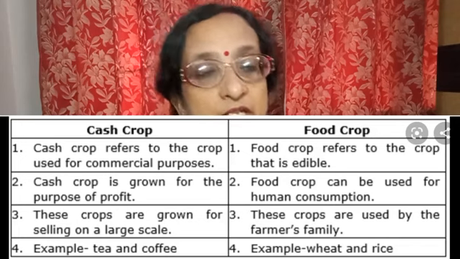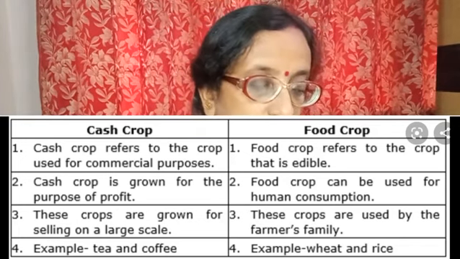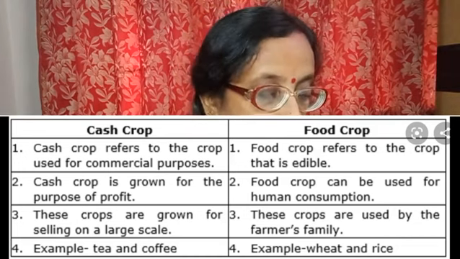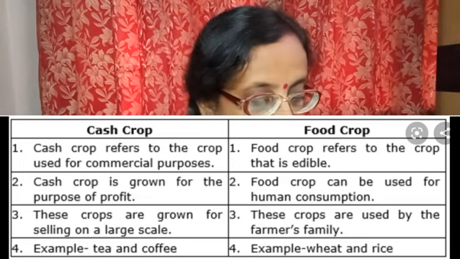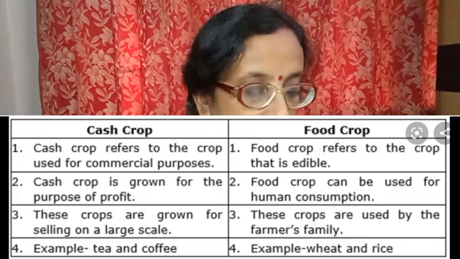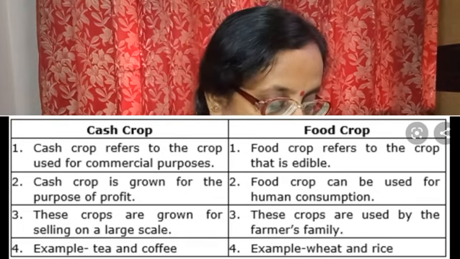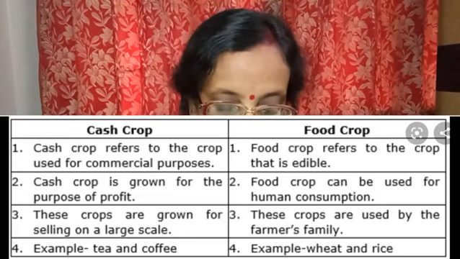Next, we are going to see food crops. Food crops are the crops which most of the people have as their daily diet. For example, wheat, rice, pulses, millets and maize. Next, we are going to read about cash crops.